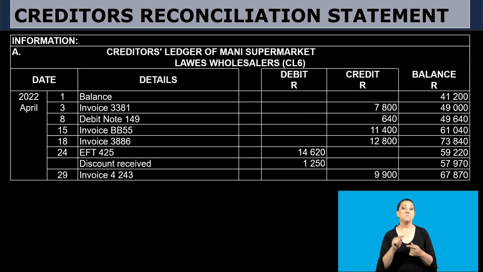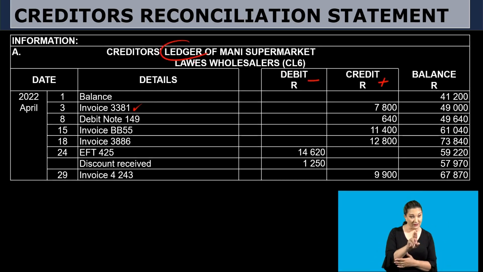Let's go. So here is the creditors ledger of Money Supermarket. When you are in the ledger, it is very important to note that your credit side is a plus. Hence you see your invoice here on the credit side. And the debit side is the minus in the ledger.